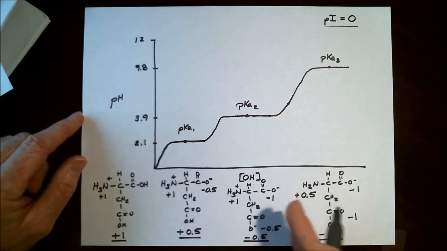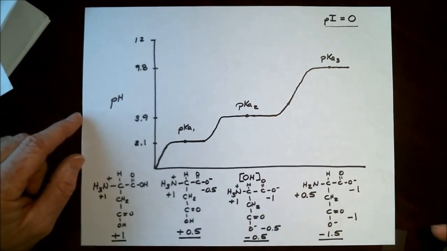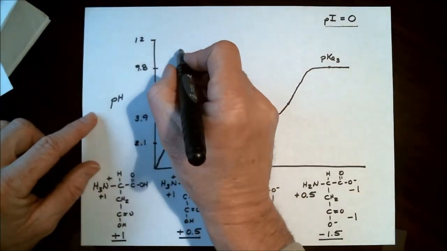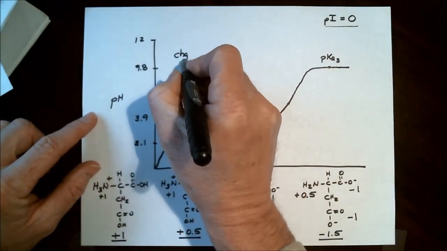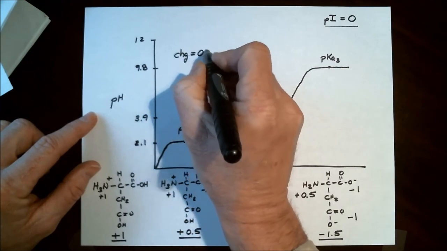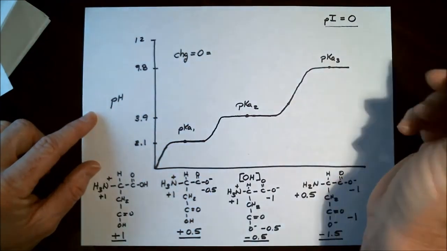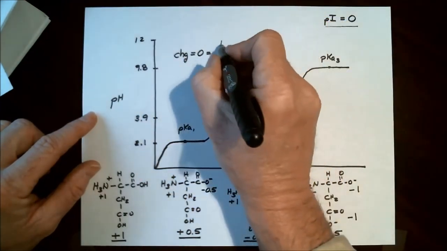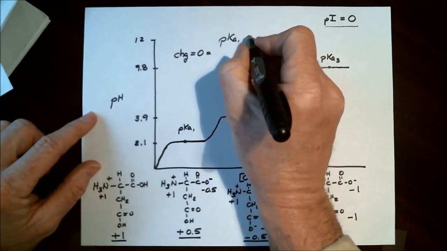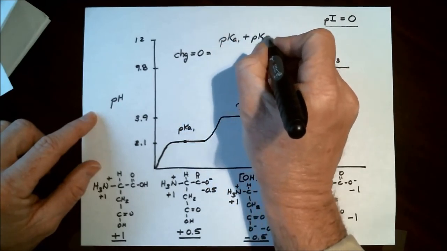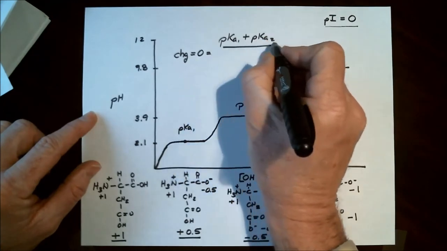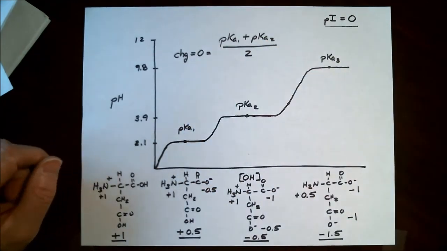So based on this information, the charge of 0 will be somewhere between these two values. So the way to calculate it is the charge equals 0 equals pKa1 plus pKa2, halfway between those two, divided by 2.